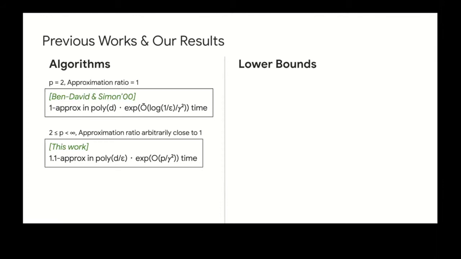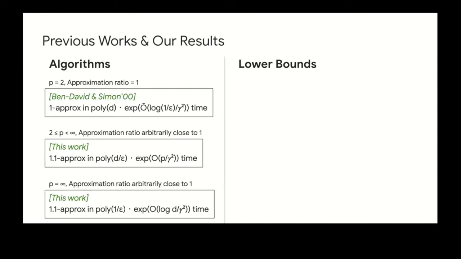But this is for finite p, so for p less than infinity. For the case of p equals infinity, it turns out that the running time is a little bit slower. The second term becomes d to the 1 over gamma squared.